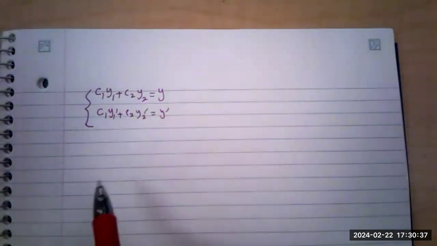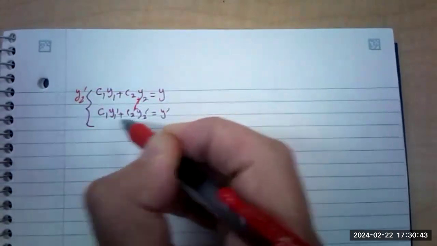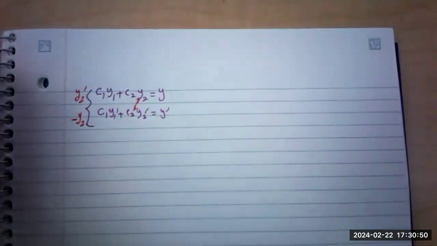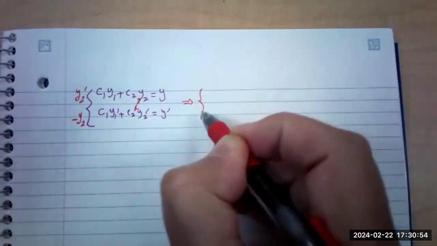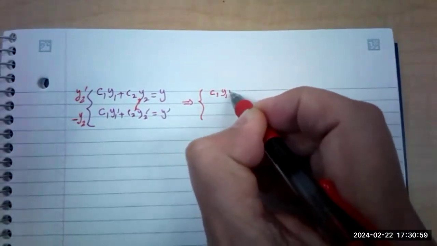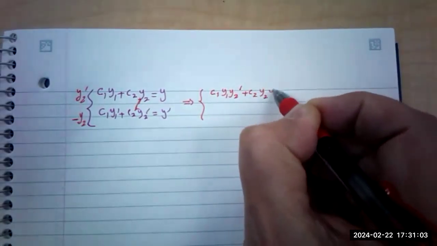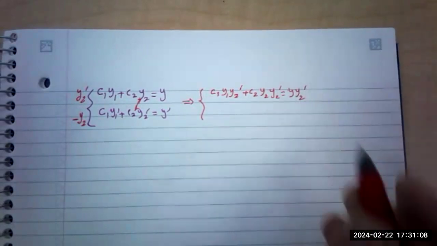So what do I need to multiply? These coefficients. I multiply the first one by y2 prime, the second one by y2, and I change the sign of one of them. The first one would be C1 y1 y2 prime plus C2 y2 y2 prime equal to y y2 prime.